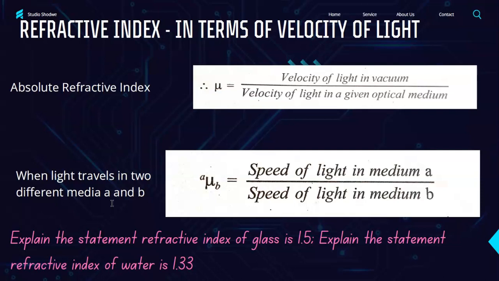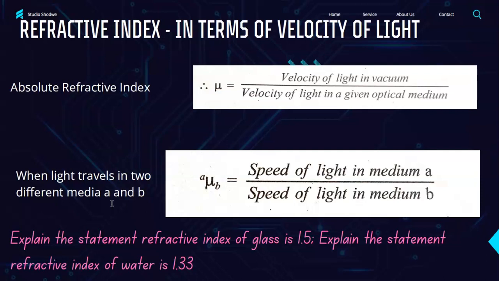So it means that when the ray of light is traveling from air to glass, its velocity or speed decreases by 1.5 times. And if I talk about water, then when the ray of light is traveling from air to water, its speed decreases by 1.33 times. That is how we explain this statement.